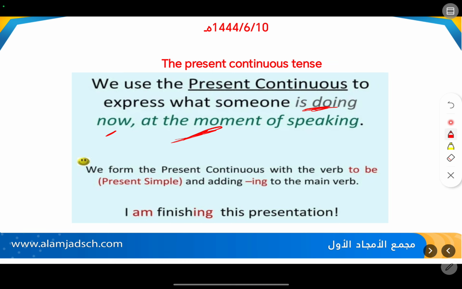And we have this example: I, this is the subject, and am, this is the verb to be, and here verb plus ing, this is the gerund, and after that completing the sentence. Okay, that was the present continuous tense.